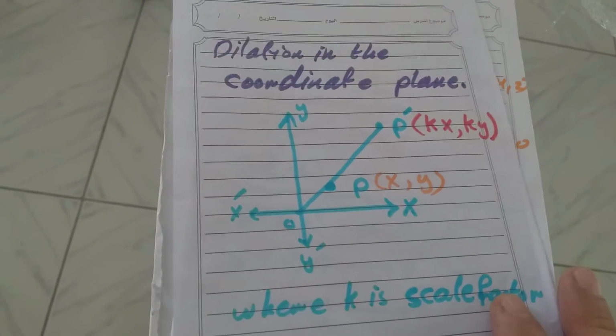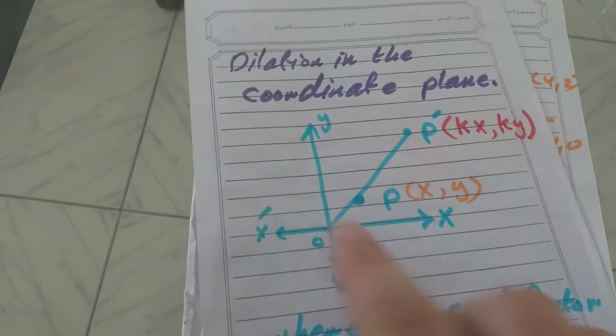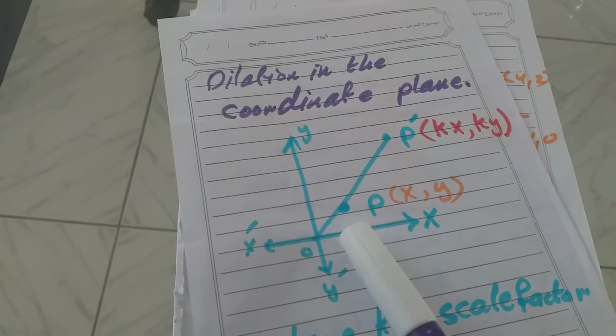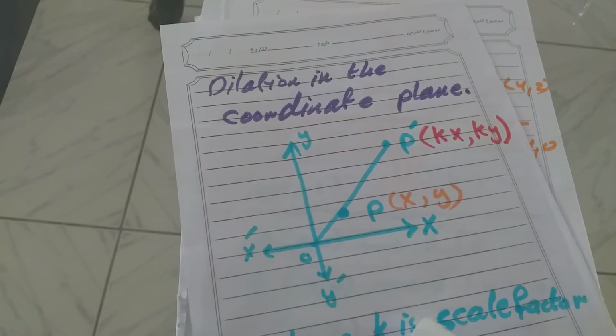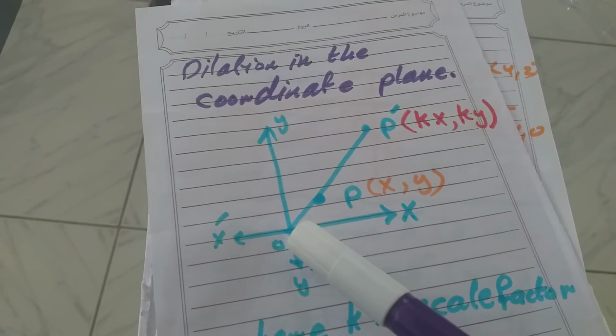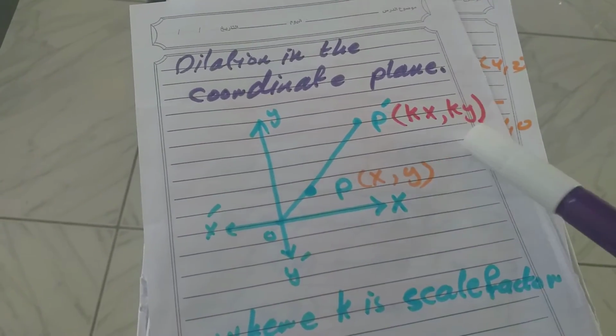Now, dilation in the coordinate plane. Look at this figure. I have the x-axis, as you see, and the y-axis. I have point P, x with y, and it's dilated from the origin point. It's P prime, kx and ky.